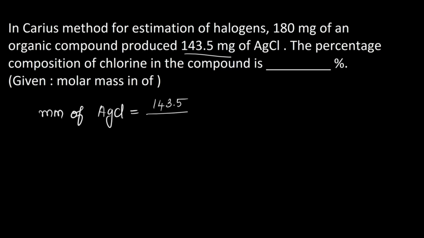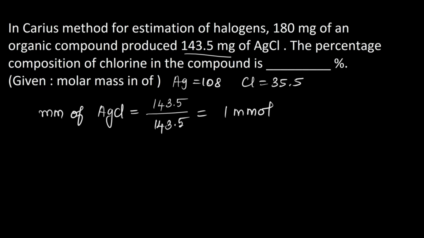The molar mass of Ag is 108 and Cl is 35.5, so it becomes 143.5, that is 1 millimole. Okay, so let's find out the millimoles of Cl, which is in a 1:1 ratio, right? So AgCl is 1 millimole, then Cl is also 1 millimole. So millimole of Cl is equal to 1.